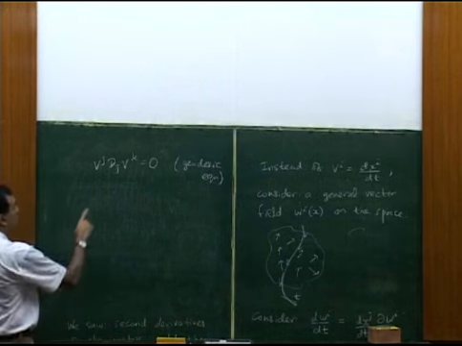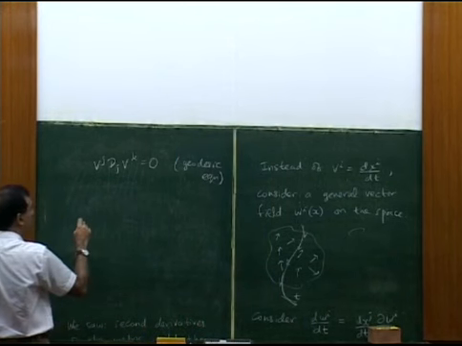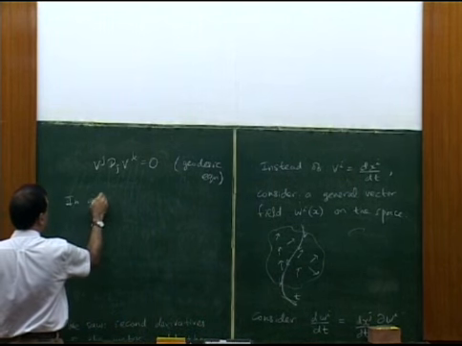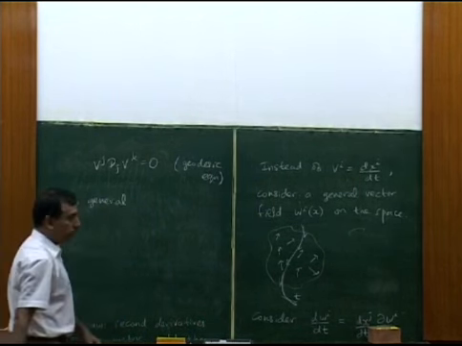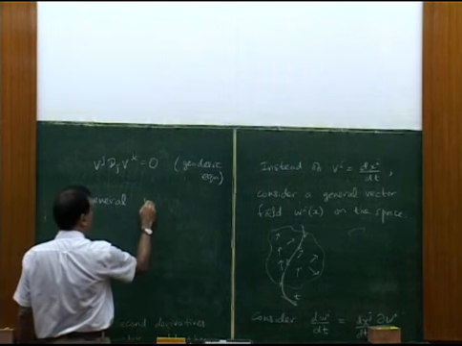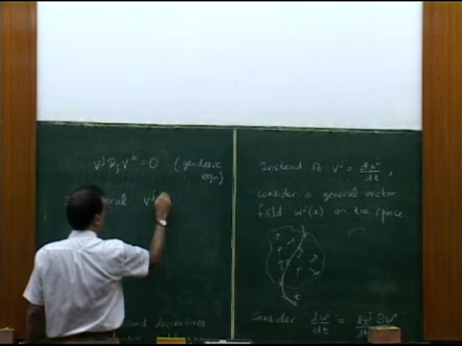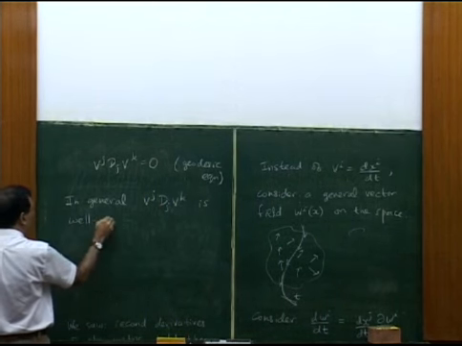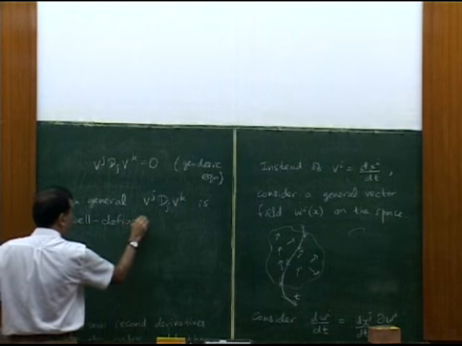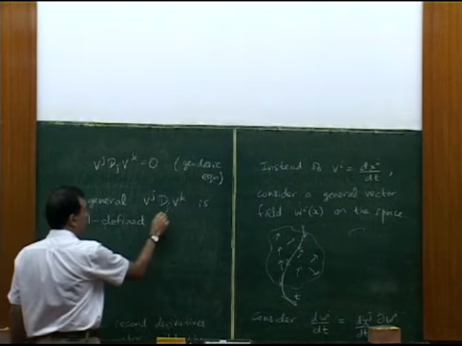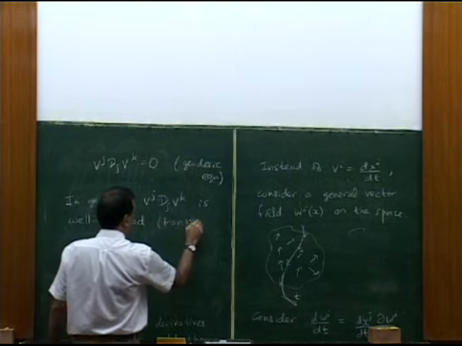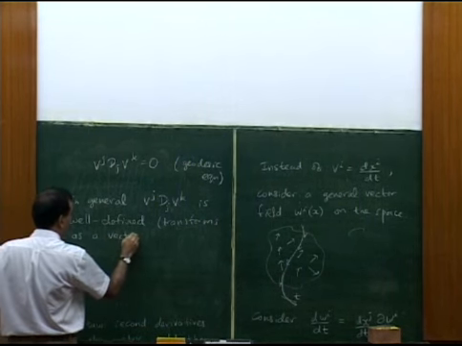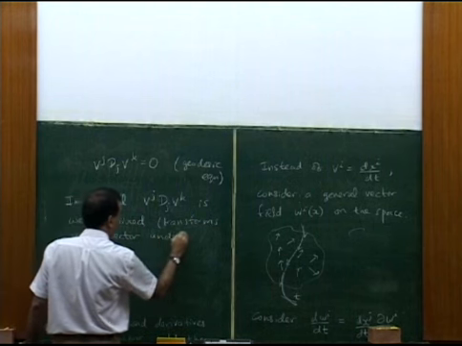Now, this is the geodesic equation, and in general, given a curve, not even necessarily a geodesic, Vj, Dj, Vk is well defined, in the sense that it transforms as a vector under coordinate transformations.